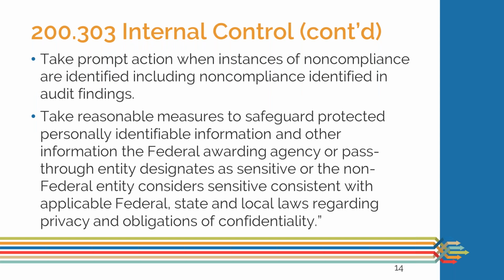So still within that citation is taking prompt action for instances of non-compliance. That we saw something that was out of compliance with your policies and procedures, or that you're doing something that could cause an audit finding. You've done your own self-assessment, you're monitoring, and you see now that you have an instance that could cause you trouble. You promptly take care of it.